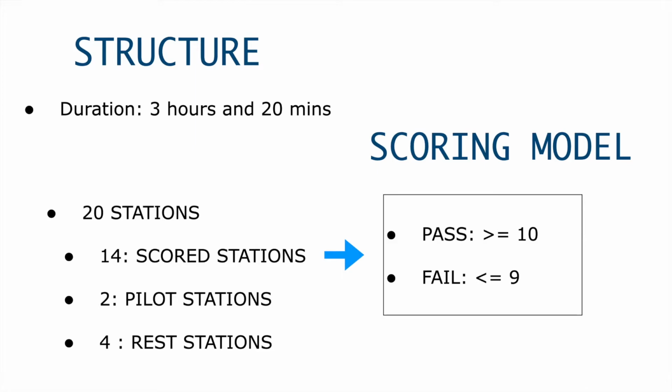In order to pass this exam, you need to get at least 10 or more passed stations out of the 14 scored stations. And unfortunately, during the examination, you will not know whether the given station is scored or a pilot. It's only when you get the result that it will be revealed. So when you're giving the examination, you need to give 100% to every station that you're going through.